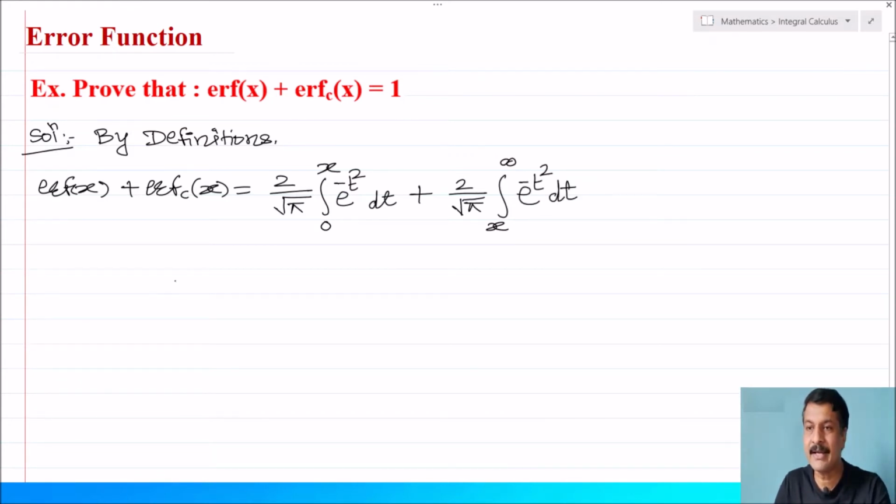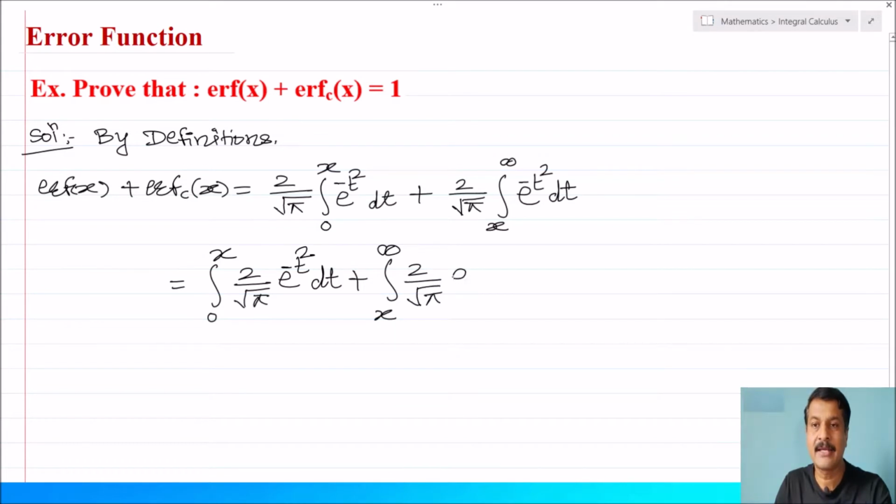The constant 2 by root pi we take inside: integration from 0 to x of 2 by root pi e raised to minus t square dt plus integration from x to infinity of 2 by root pi e raised to minus t square dt.